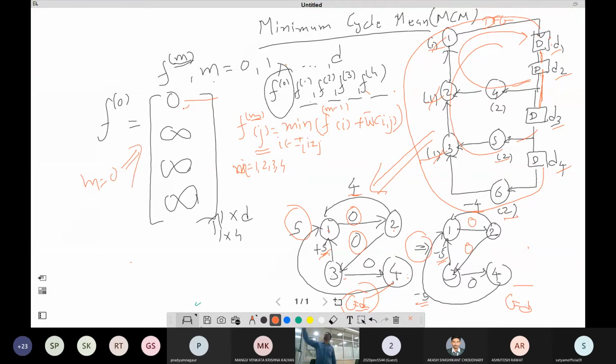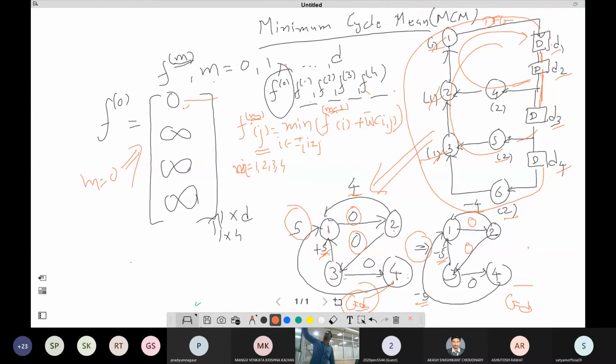Now, if I need to find any other value from this, then over there for f of m minus 1, I have to use f of m minus 1. So for f of 1, I need to consider f of 0.